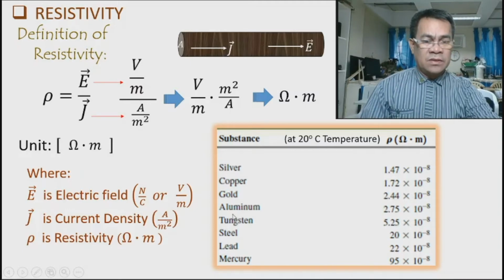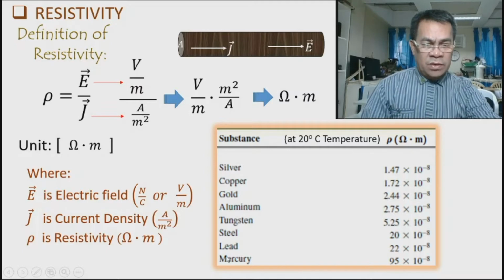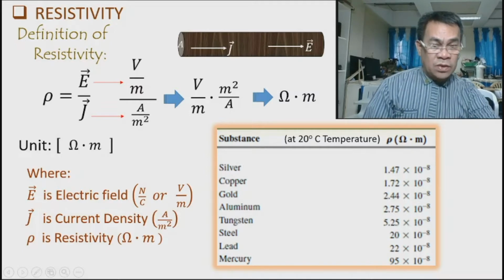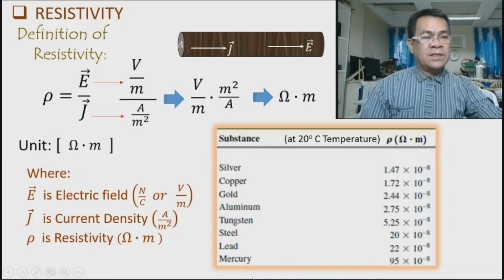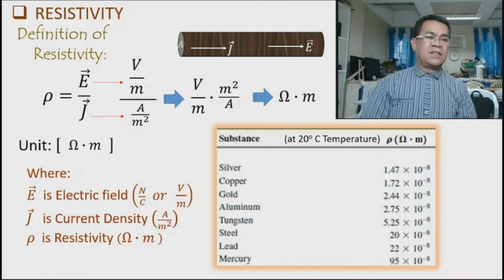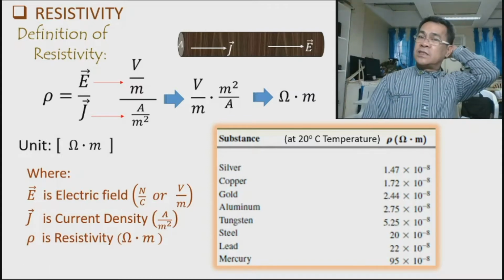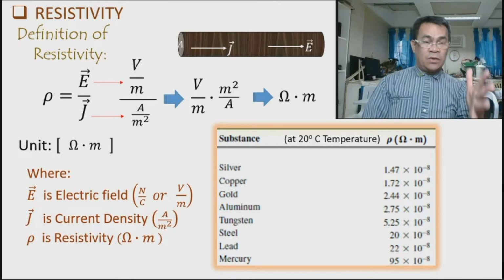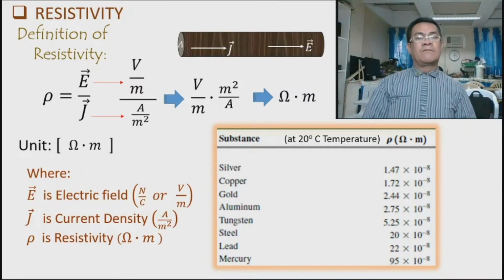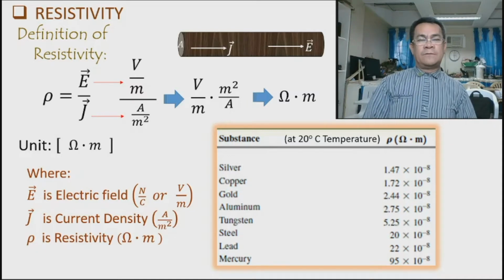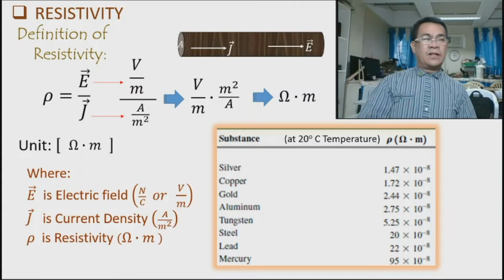So these are good conductors. Now, if you continue this in the book, it goes to insulators already, and the number is increasing in magnitude. So the greater the resistivity, the smaller the current that flows. So if you have a very, very small resistivity, then it is a good conductor.